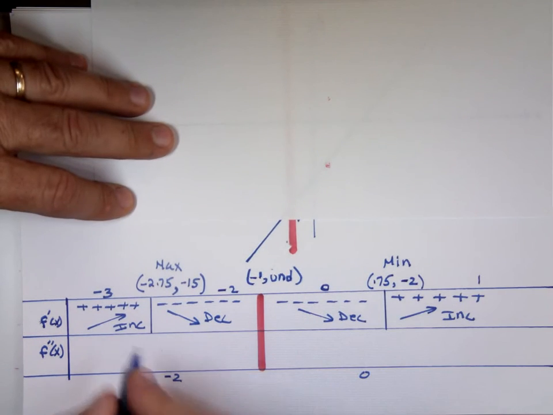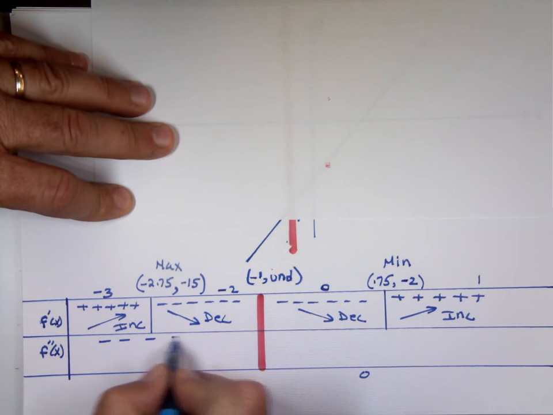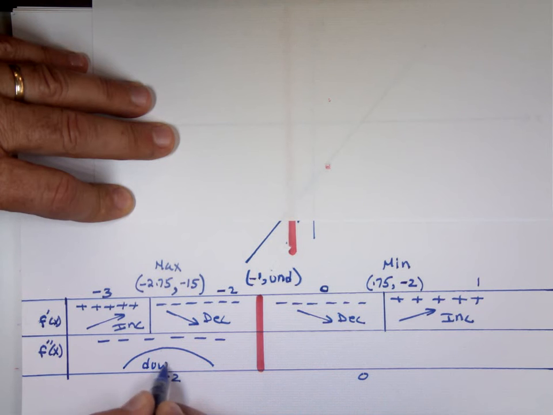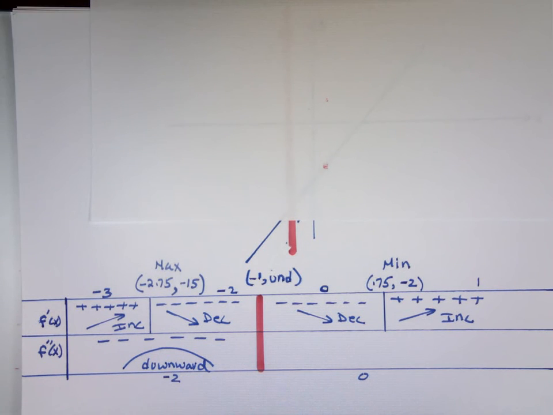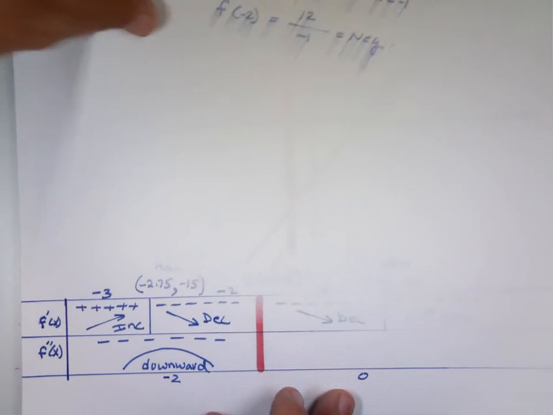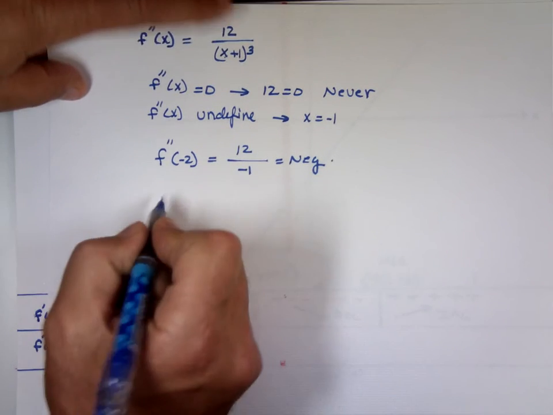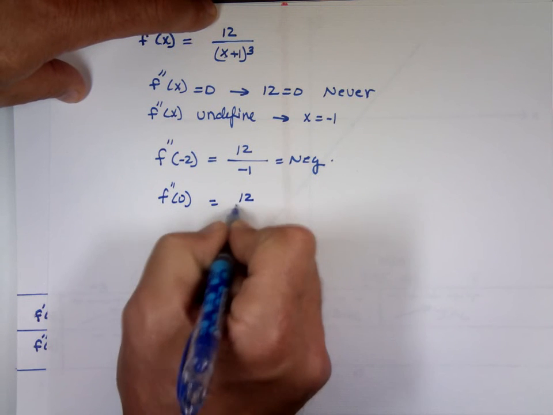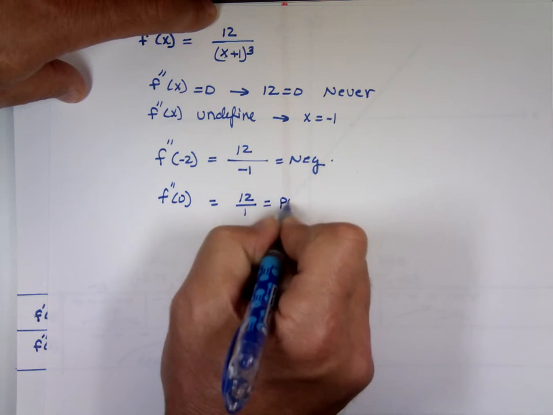Concave downward. And let's try the 0. 12 over 1, which is positive, and that's concave up.